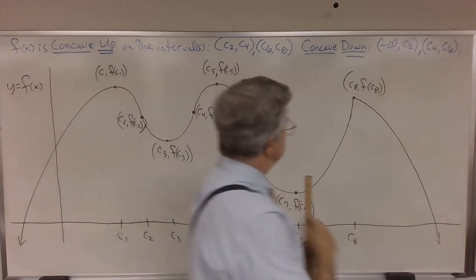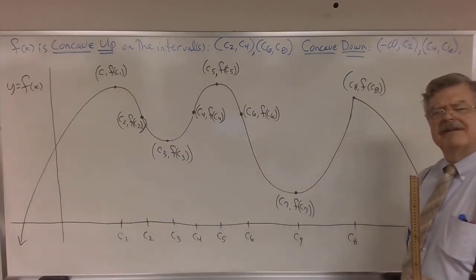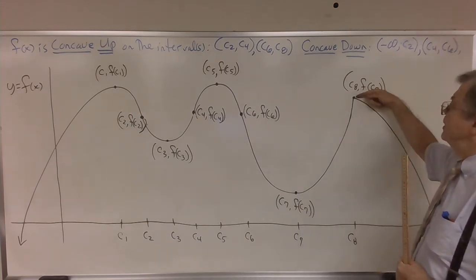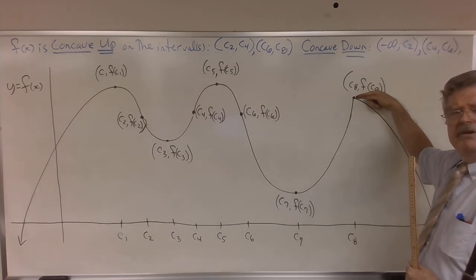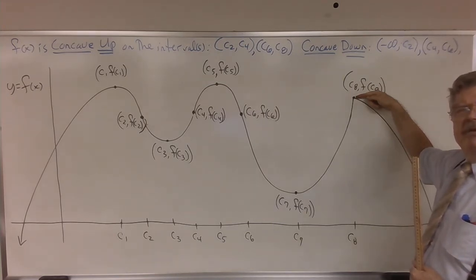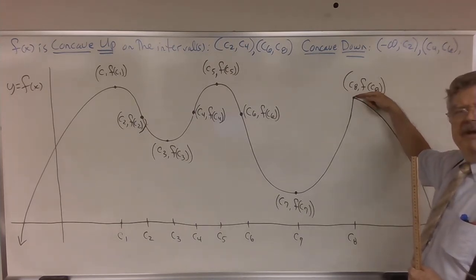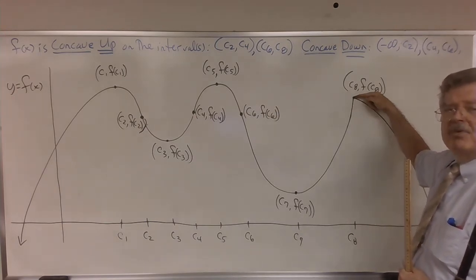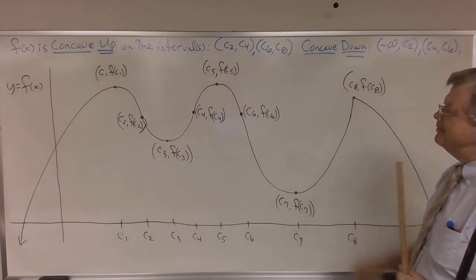And at C8, something weird happens. Doesn't happen very often, but I guess it does happen. We have a relative maximum here. It's one of these funny type B critical number relative maximums. Anytime we see a relative maximum or a relative minimum that comes to a sharp point, it's a type B relative maximum or minimum.